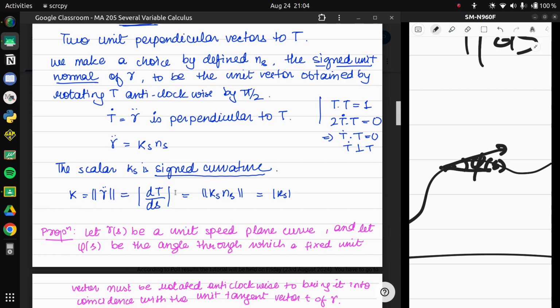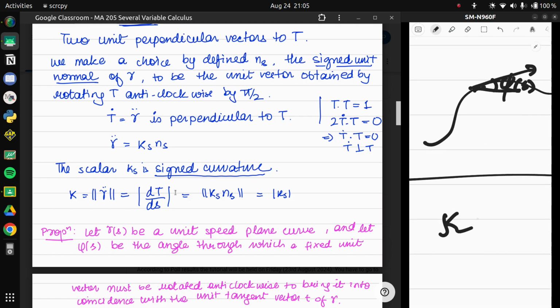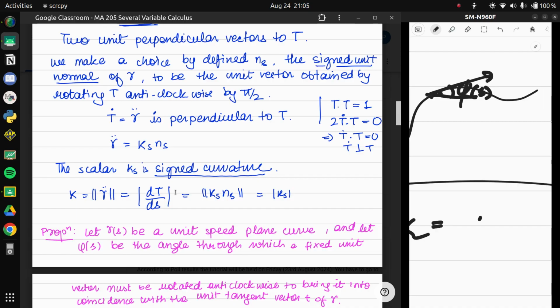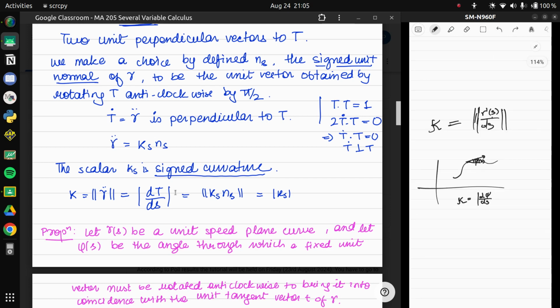The tan of this angle is obviously the slope. So what we want is just the derivative of this with respect to s. So your kappa becomes d psi by ds. Okay, don't actually put a magnitude, because we want a signed curvature, right? So that's how it's defined.